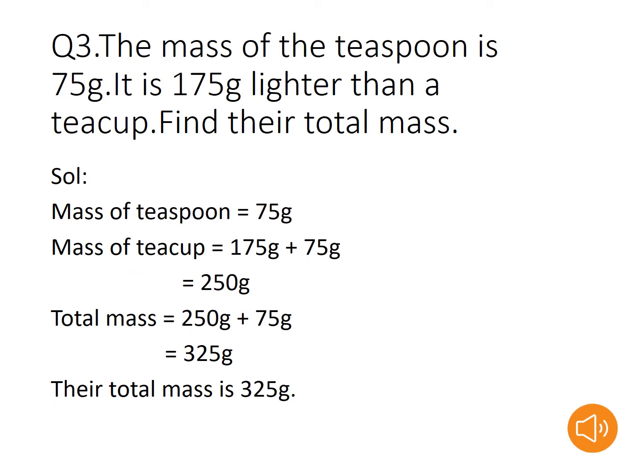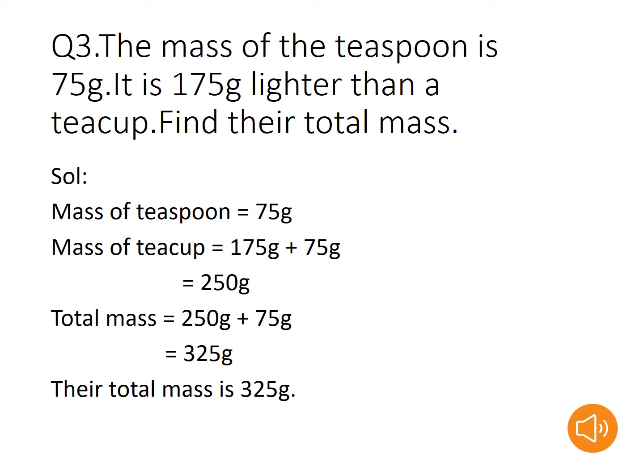Question number 3. This question will be done like question number 2. The mass of a teaspoon is 75 gram. It is 175 gram lighter than a teacup. Find out their total mass. So we need to find their total mass, but first we need to find the mass of the teacup.